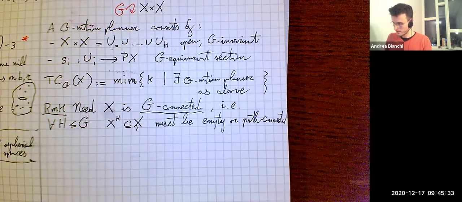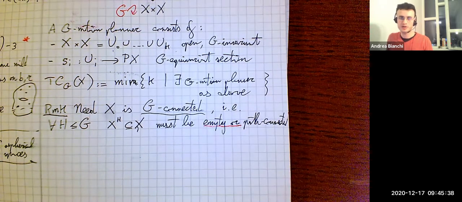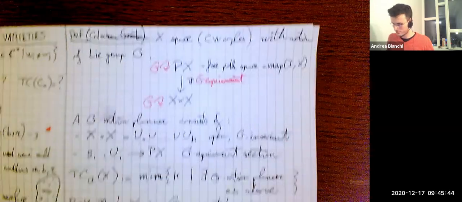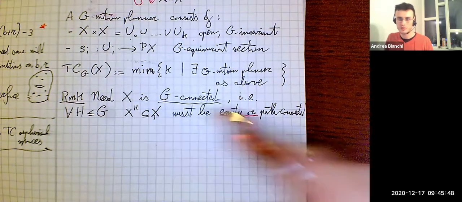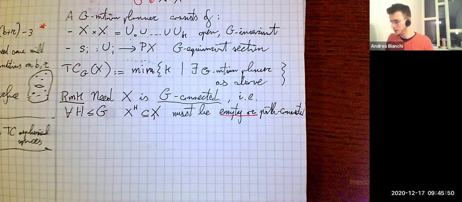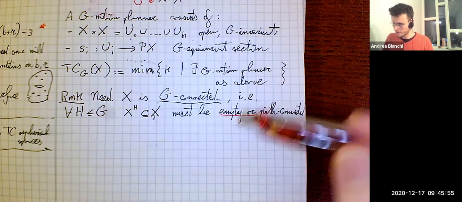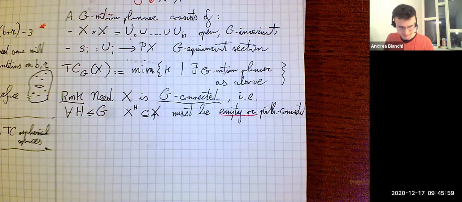Coleman and Grant give also the notion of G connected, and they ask that this subspace is just path connected and non-empty. But actually, for us, it would be okay if for some subgroup H there are no H fixed points.